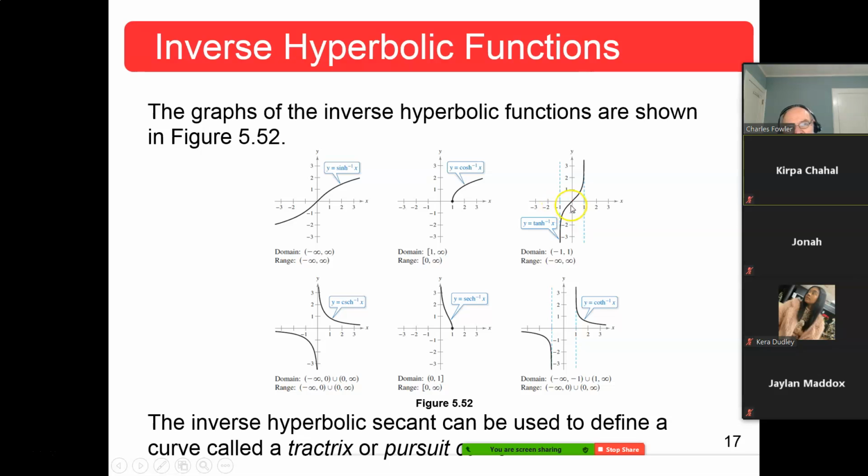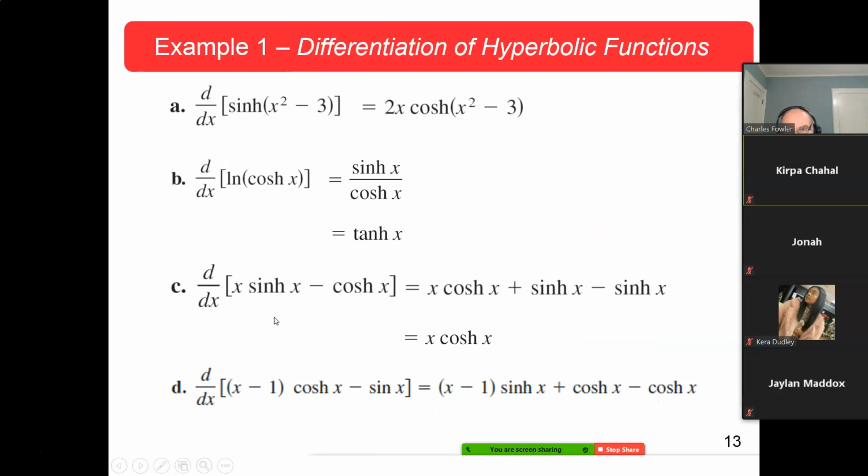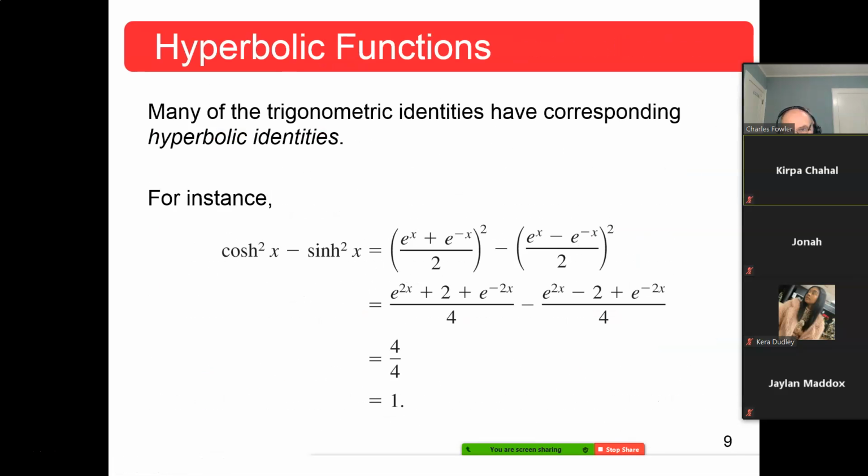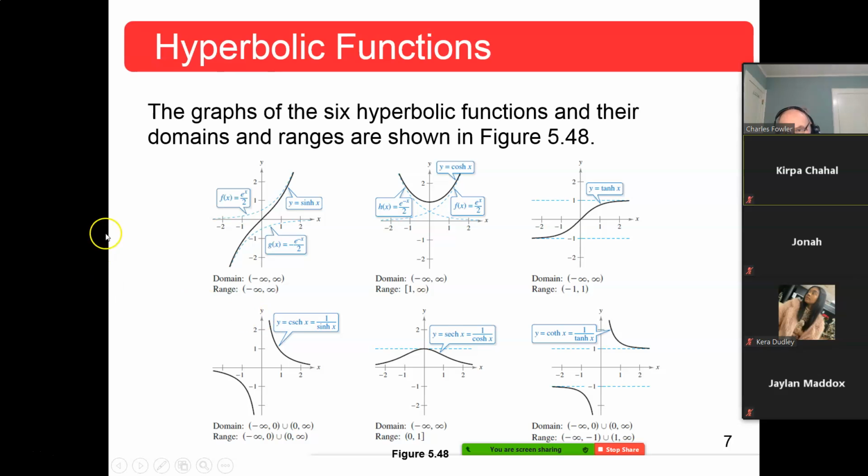But it's only limited from -1 to 1. Inverse hyperbolic cosecant basically looks just like it. Take a look at this one and compare that to that one. They look almost identical.